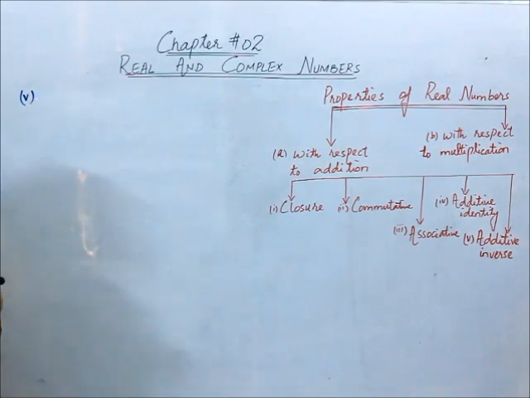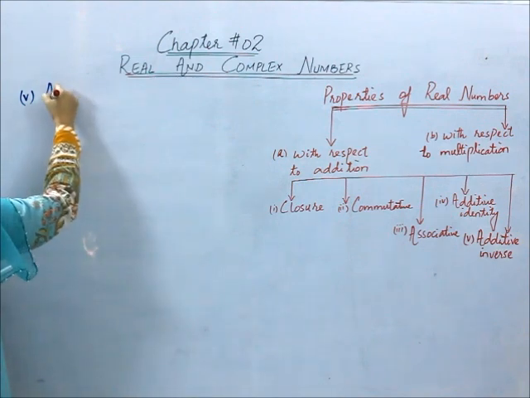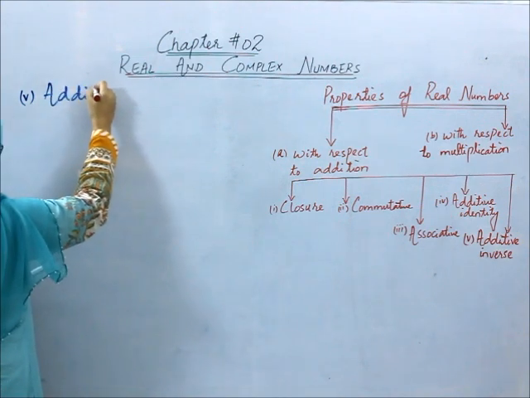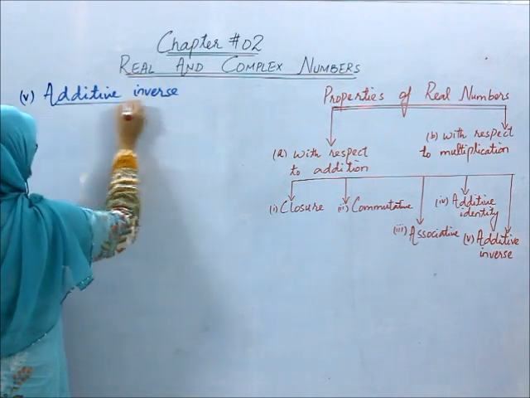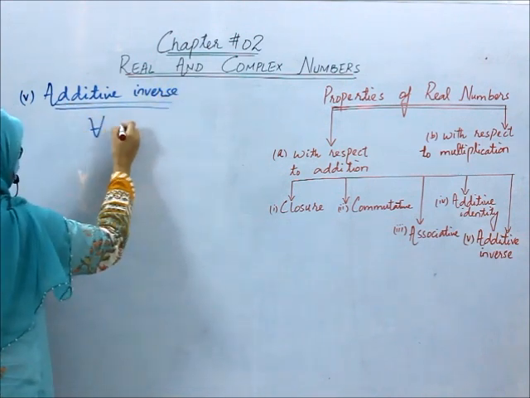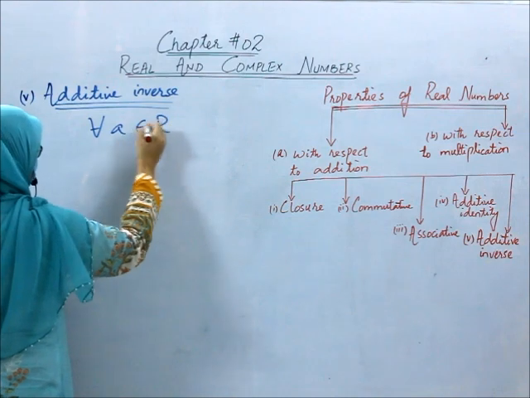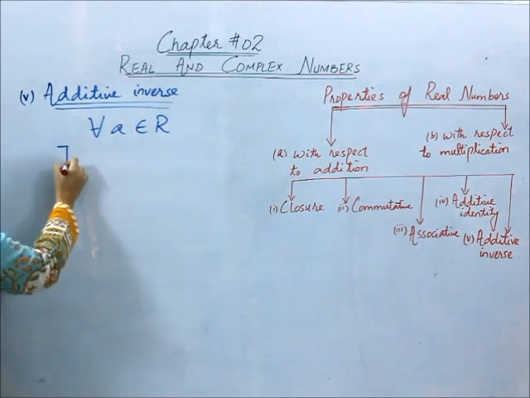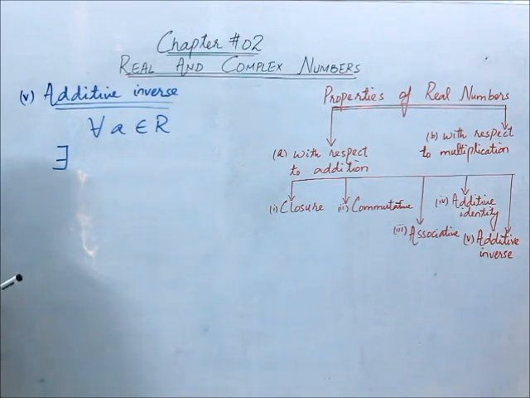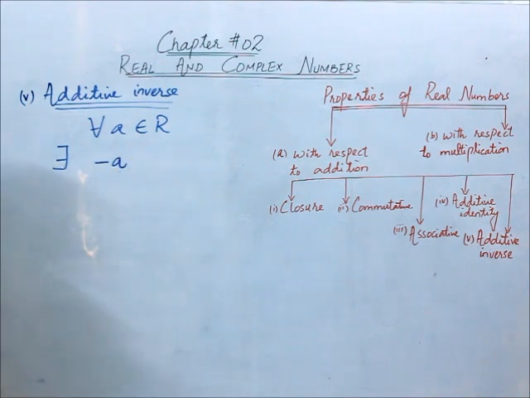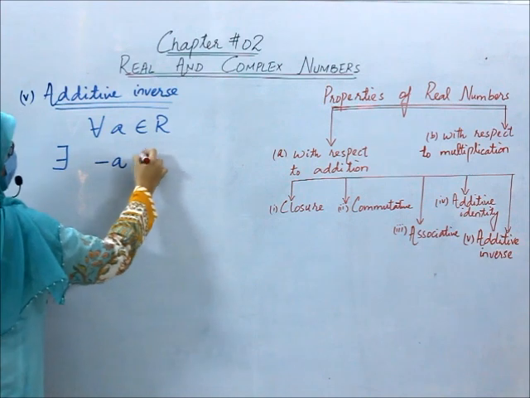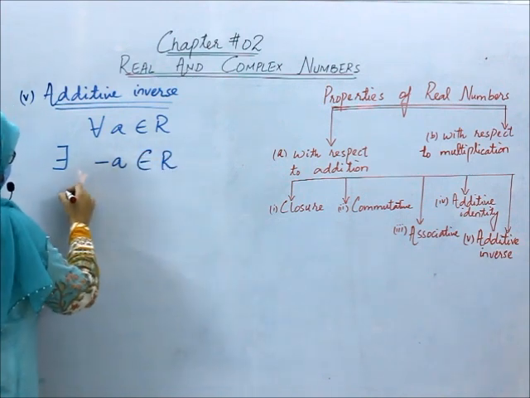So the fifth property is additive inverse. As the name indicates, for all real numbers, there exists, this sign is for there exists, a unique number that is the negative of that number that will also belong to the set of real numbers.